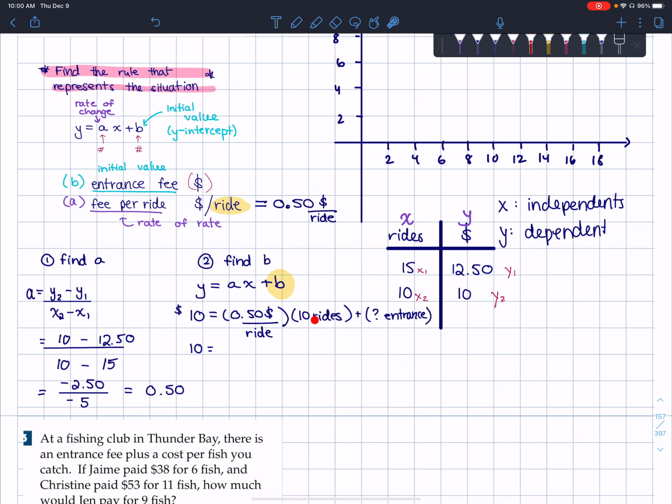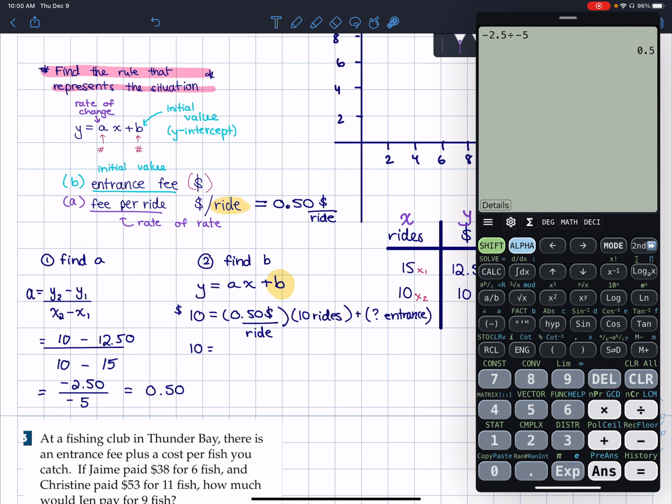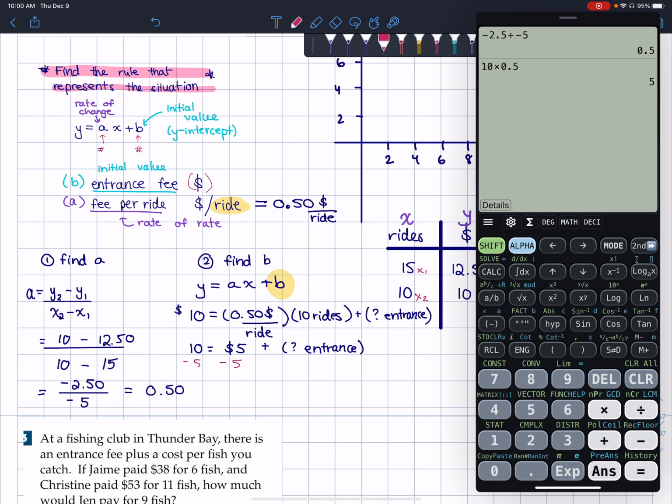For the 10 rides that she took, she paid 50 cents for each of them. So she spent $5 going on rides. But she also paid for that entrance fee. So if I take that $5 away from the total, then I know that the entrance fee was $5.